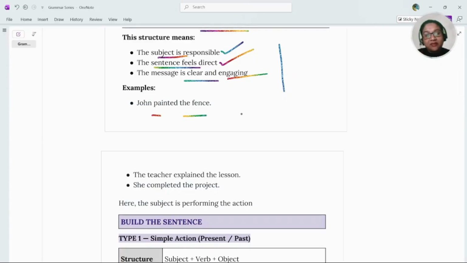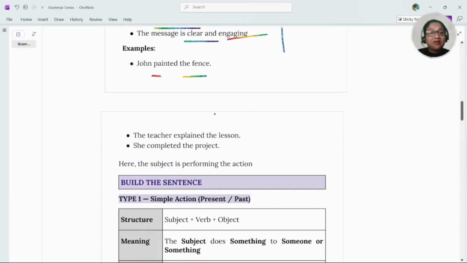John painted the fence. Look at the sentence, guys. John painted the fence. Is there anything confusing here? It's pretty simple to understand. There's this person, John, and he painted the fence. Active voice. That's it. The teacher explained the lesson. Very simple, right? The teacher explained the lesson. So what's happening here?